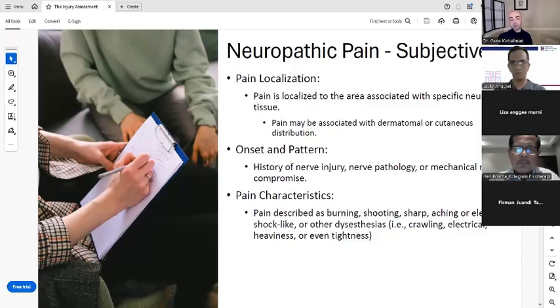For pain characteristics, they're going to have pain that's described as burning, shooting, sharp, aching, or electric shock-like, or other dysesthesias, meaning other unusual nerve-related symptoms like a crawling feeling, electrical feeling, heaviness, or even tightness.